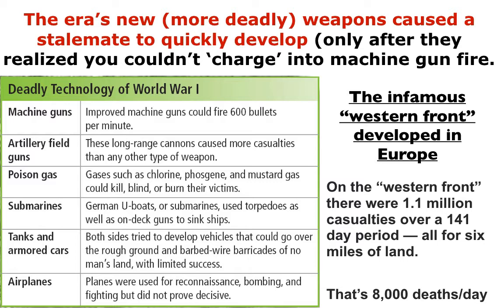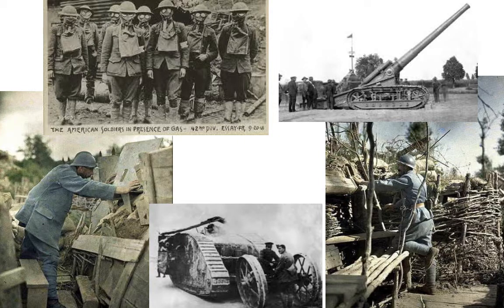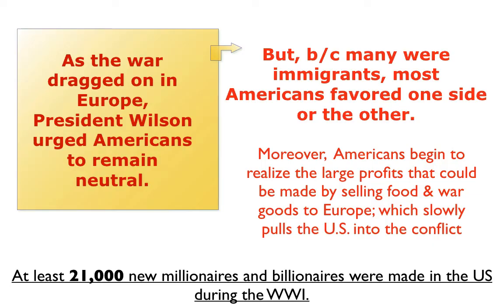So basically a million people died for 6 miles of land, and the war kind of stalls out because people are really horrified by how many people are dying in the early conflicts, and because they really have no idea what they're doing and how they're fighting. That's the Western Front. If you've read the book All Quiet on the Western Front, it talks about the horrors of trench warfare and all that kind of stuff.